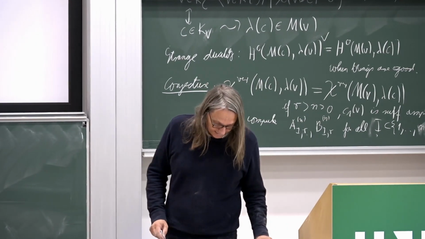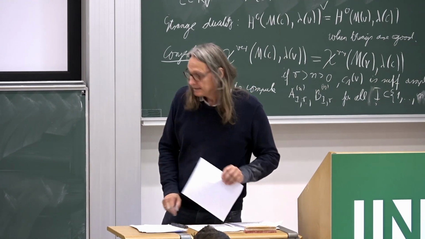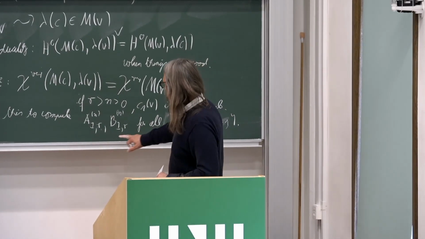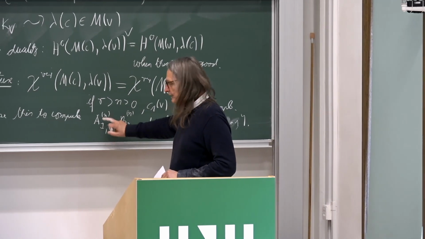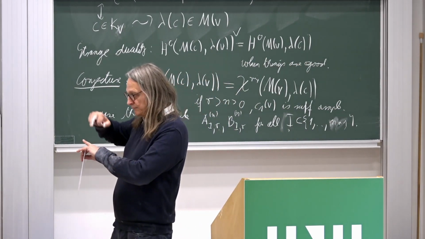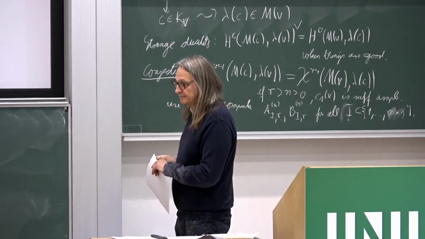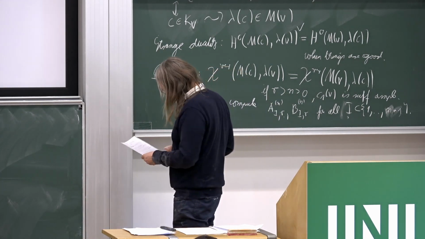So what does it tell us? Maybe now I don't have so much time, but maybe I can say it in words. We find that, for instance, this A_i,r with n replaced by r satisfies the same equation as when we switch n and r, with the variable y replaced by 1 over y. So we get the same algebraic equations there.